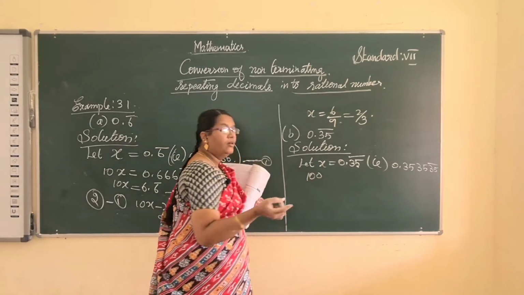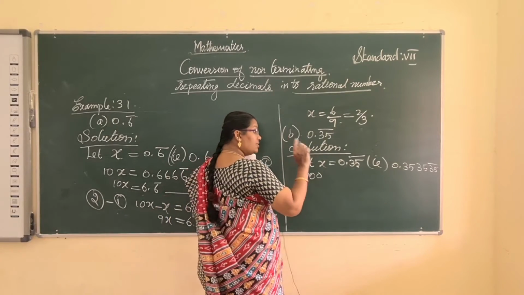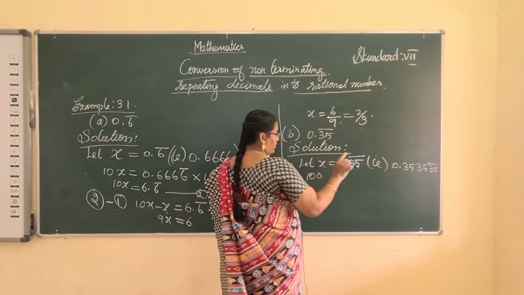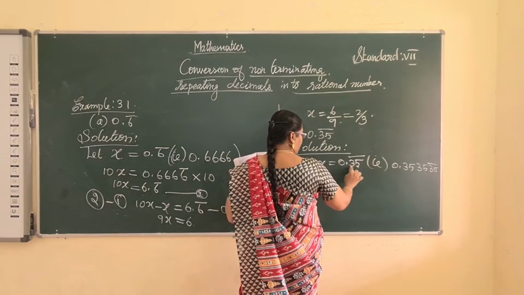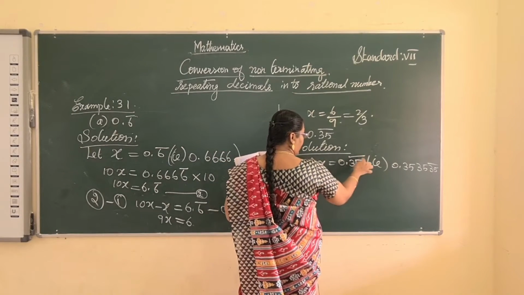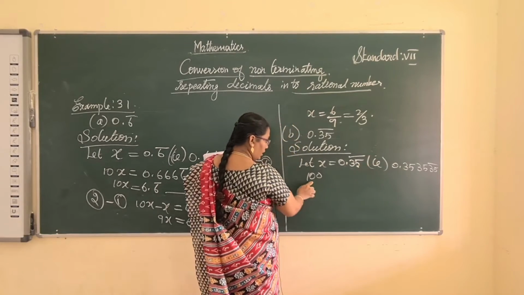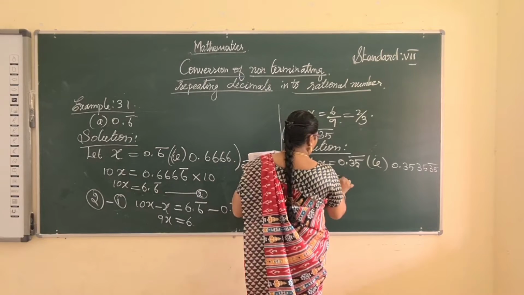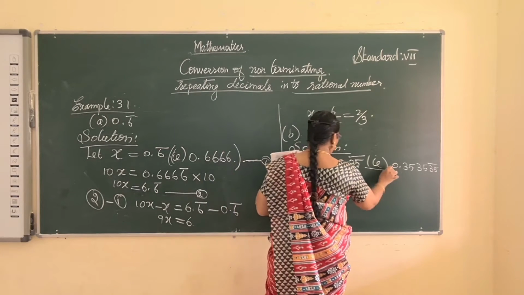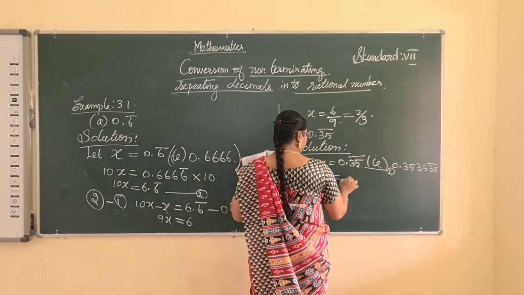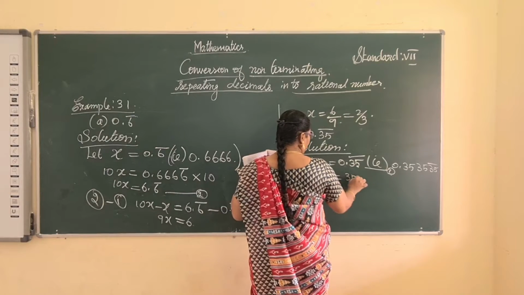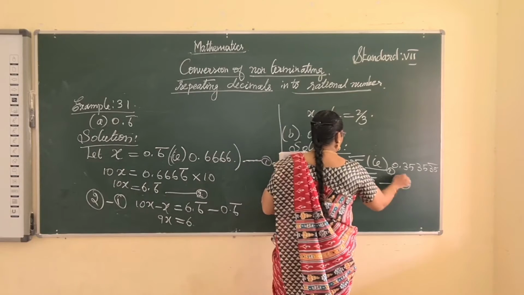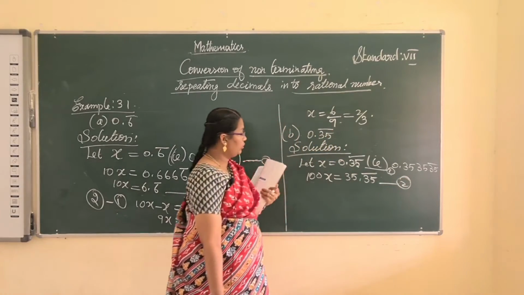How many digits are recurring? Here 2 digits recur, 3 and 5, so multiply by 100. 100x is equation number 1, and multiplying by 100 gives 35.35 bar as equation number 2.